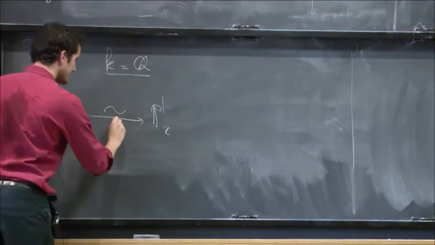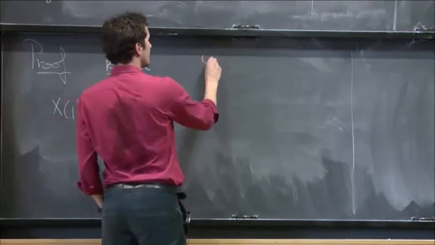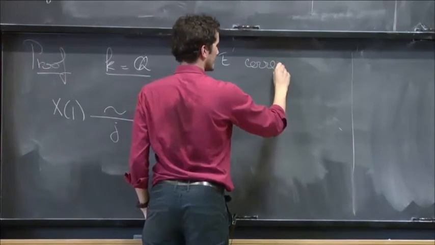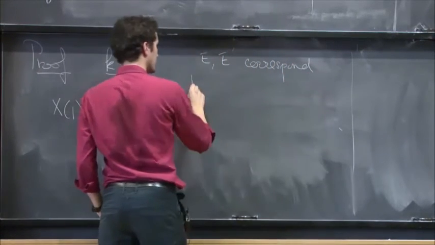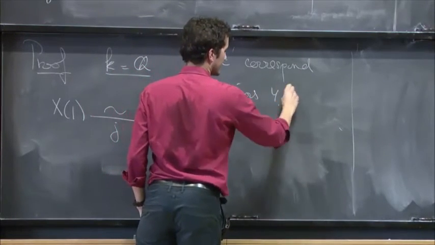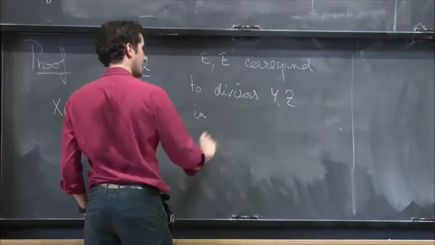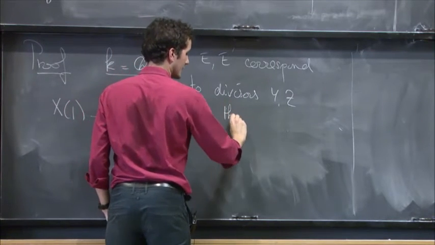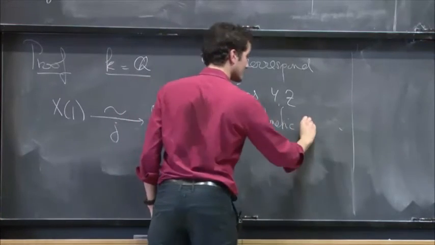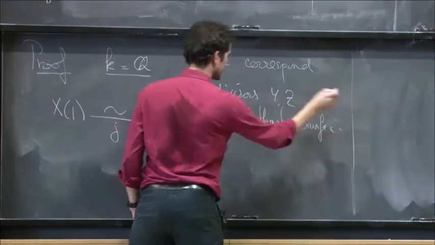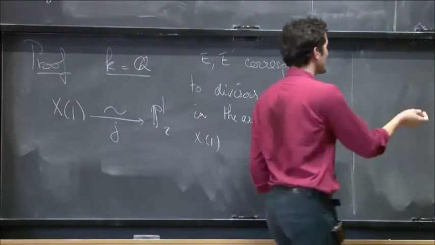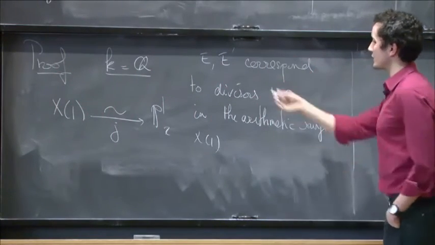And then E and E prime correspond to divisors, let's say Y and Z, in the arithmetic surface X(1). And so what are we looking at? Well, we are looking at the Hecke correspondence of X(1).